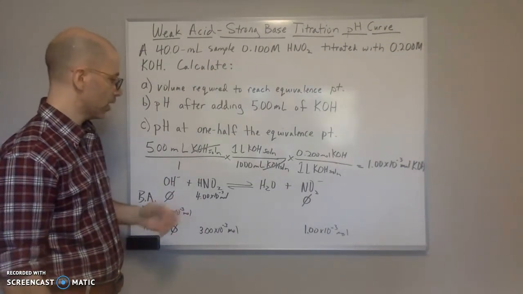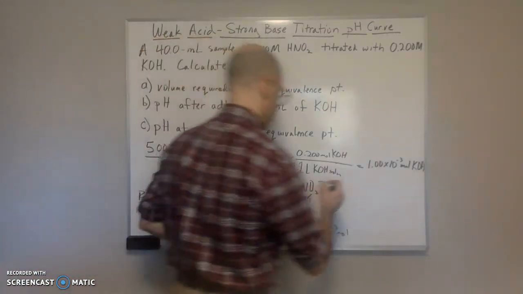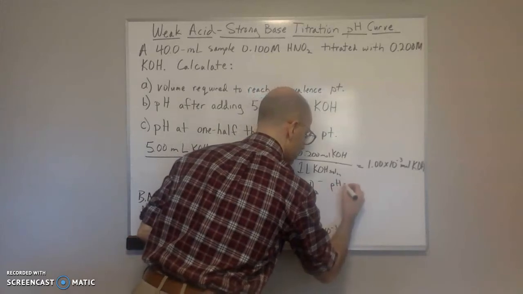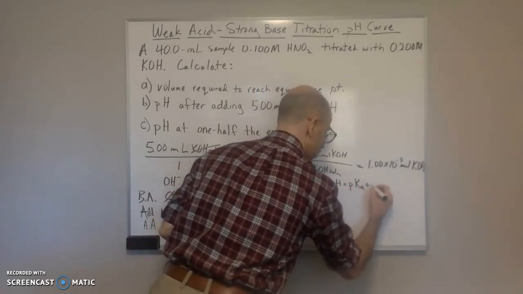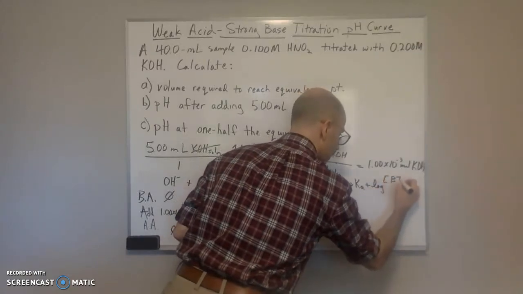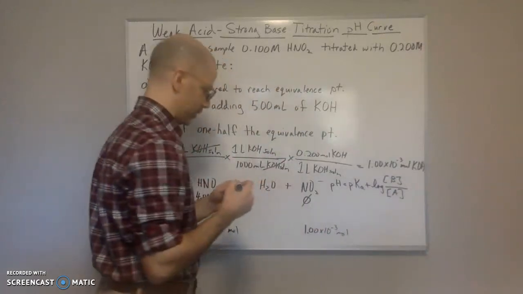Okay, so now we're going to use the Henderson-Hasselbalch equation to figure out the pH. The pH is equal to the pKa plus the log of the concentration of the base over the concentration of the acid.